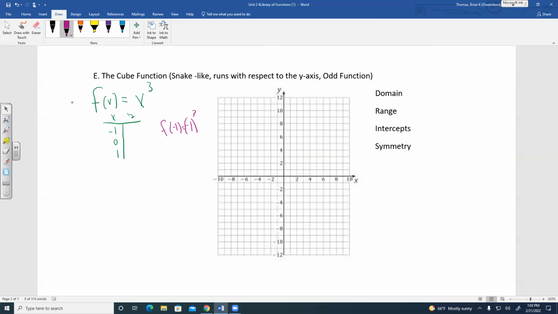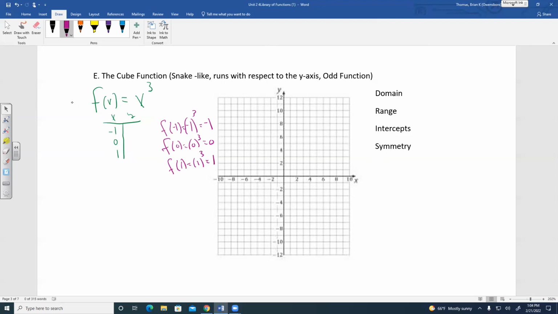But if you raise a negative number to an odd exponent, you still get a negative number, so it's -1. f(0) is 0 cubed, which is just 0. f(1) is 1 cubed, which is just 1.